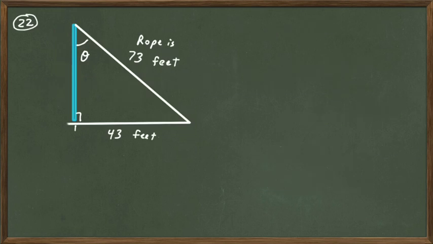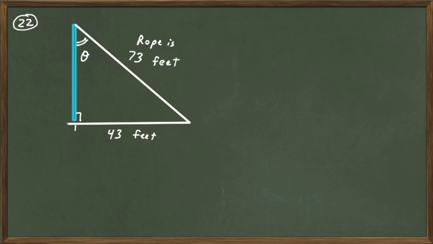For 22, you have a 73-foot rope, which is the white hypotenuse here, from the top of a circus tent pole, anchored to a flat ground 43 feet from the bottom of the pole, like I have labeled. Find the angle to the nearest tenth of a degree that the rope makes with the pole. The rope and the pole, I believe, are up here.